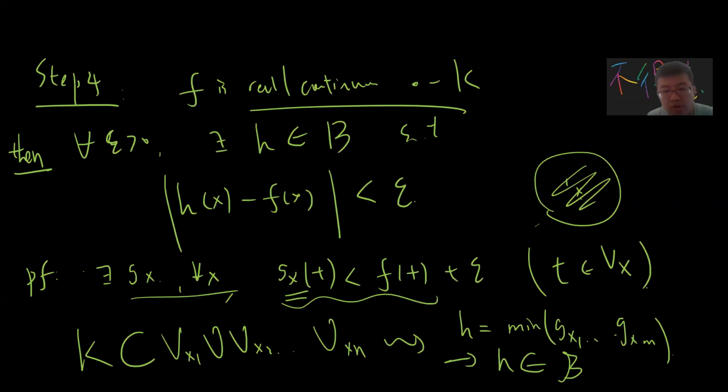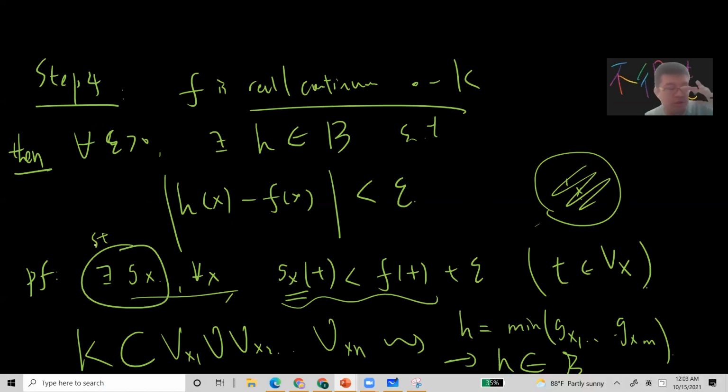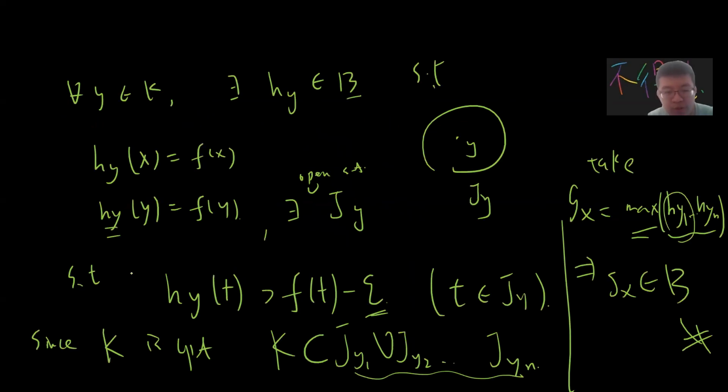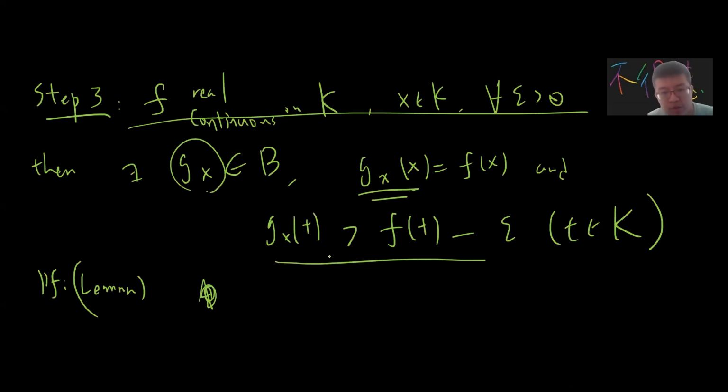Okay, so the key step is that this g_x comes from step 3, right? In step 3, I already constructed this g_x, and this g_x satisfies being greater than f(t) minus epsilon, right?